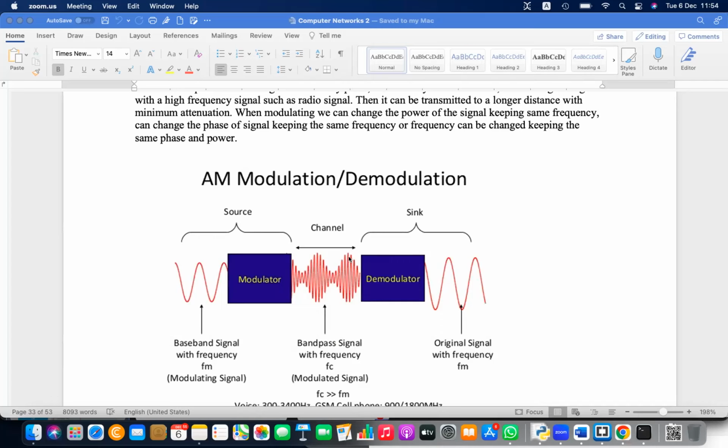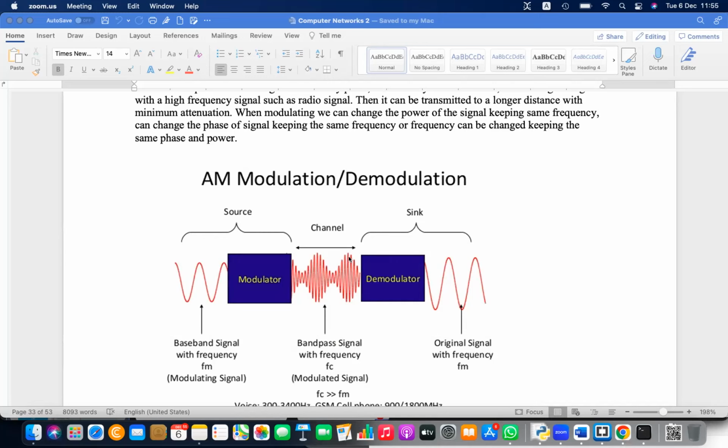Actually, this is also called shift keying. Shift keying is when a digital signal is modulated with an analog signal. But when there is an analog signal and we are mixing it with an analog signal, it is called modulation. Same principles, the same mechanism. That is the simplest way of understanding that.